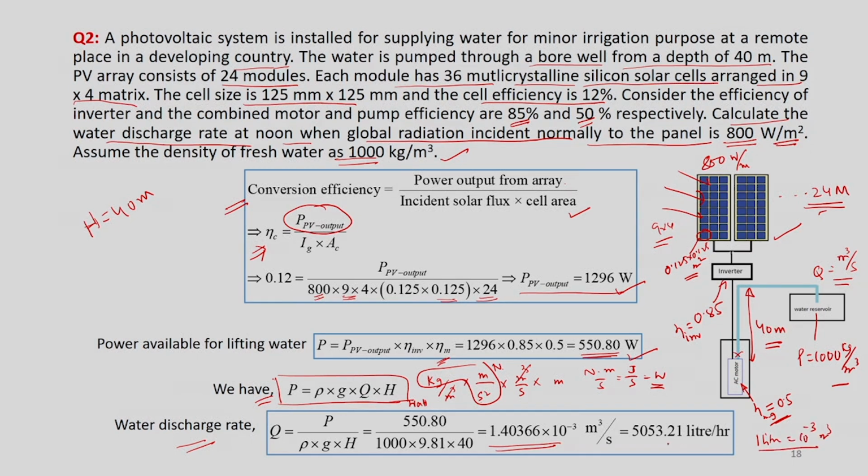That way we get 5053.21 liters per hour. So, that much discharge can be generated by these 24 modules. This is an example to understand how a water pumping system works. Of course, these are helpful in designing a standalone system where water requirement is important for irrigation purpose.